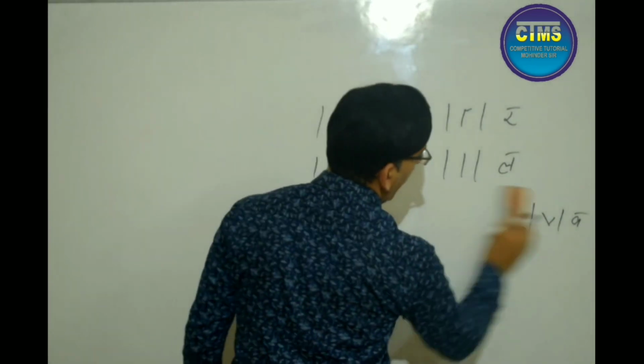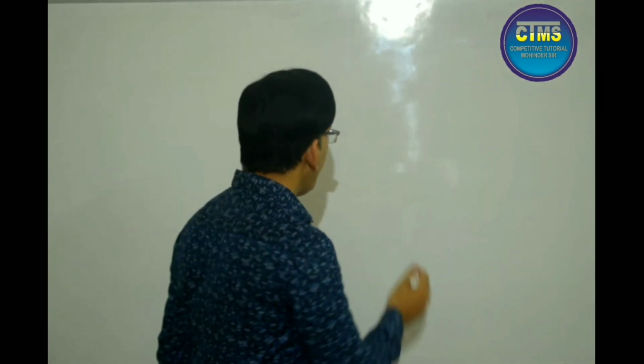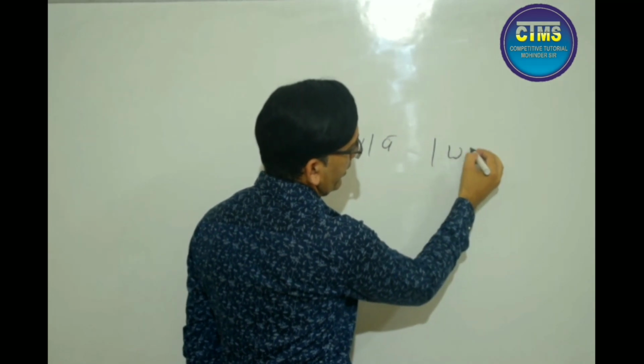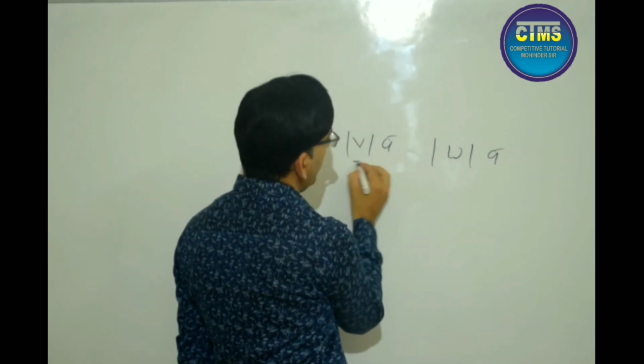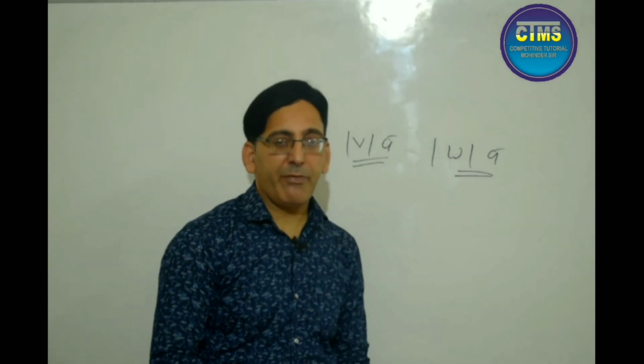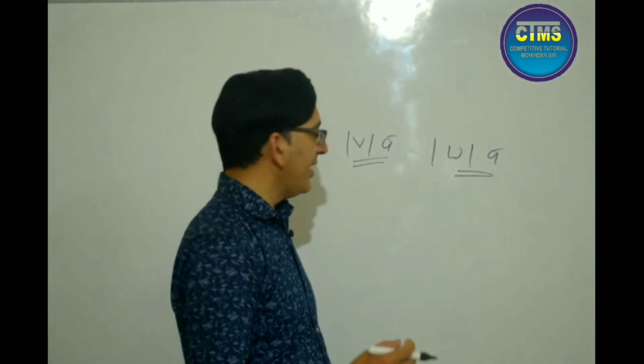So first of all, I am going to take the difference between this v and this v. Where to use this one and where to use this one. So the difference between them is very simple. What is the difference?